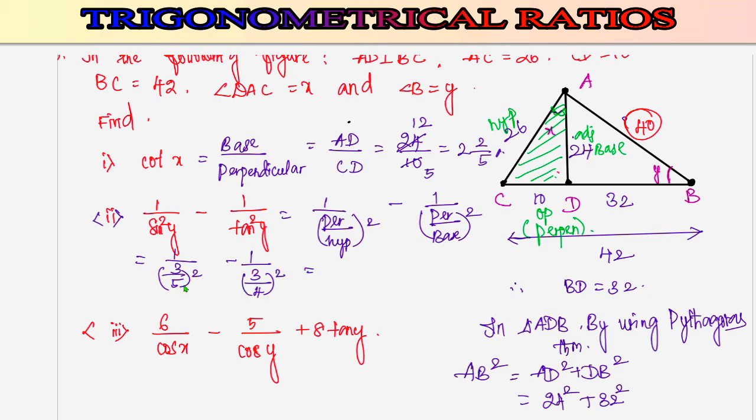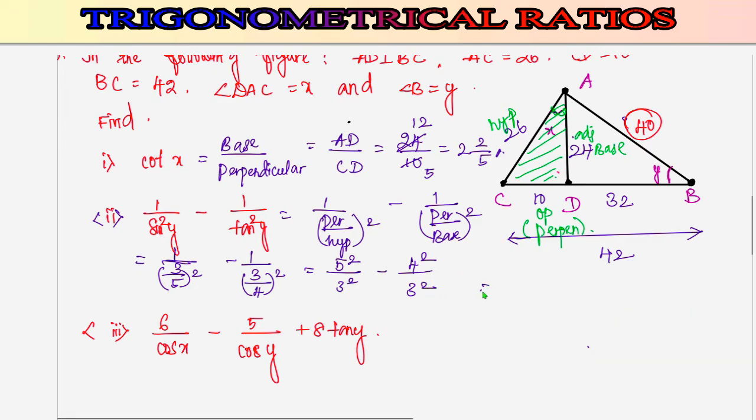Taking the reciprocal of the denominator, we get 5 square divided by 3 square minus 4 square divided by 3 square. Further simplifying, 5 square is 25 divided by 9 minus 4 square, which is 16 divided by 9. The denominators are same, so 25 minus 16 is 9. 9 divided by 9 is 1. So finally for the second sub question the answer is 1.